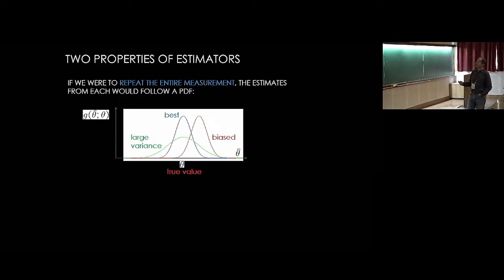So the estimates themselves will follow a certain PDF, G, of the estimate given the parameter. The parameter we don't know, the estimates are those that come from these repeated measurements. And you see that here I have three different distributions of the estimate.